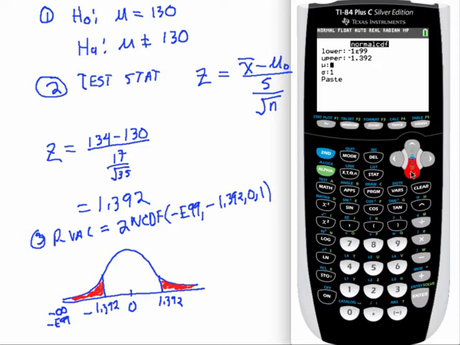The mean is 0, standard deviation is 1, paste the command. Okay, so now if you had to type that in by hand, that's what it's going to look like. Don't forget your commas in between them if you're not on one of the newer fancy schmancy calculators, okay? So we hit enter, and we get back our corresponding p-value, which is 0.164. We'll round off to 3 places, okay?